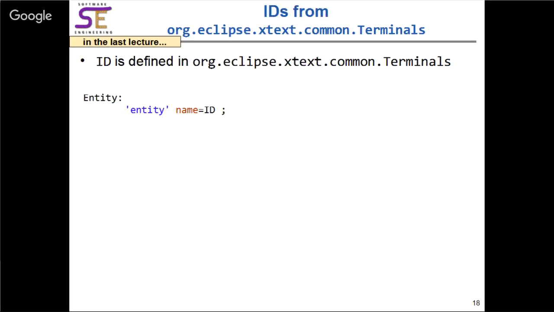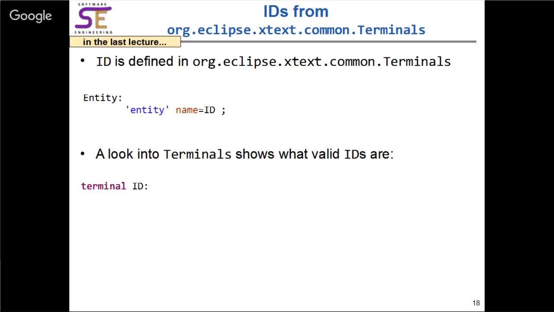And we can look at the terminals definition and see what an ID is, and that's what we also interpreted last time. So this means we start with a leading, now I again don't know what this symbol is called in English.